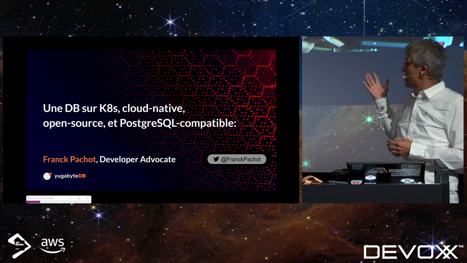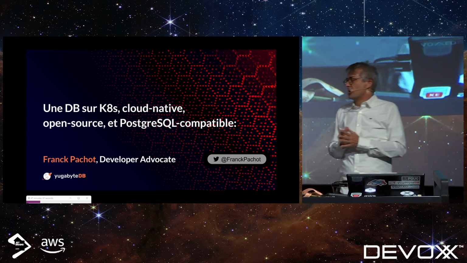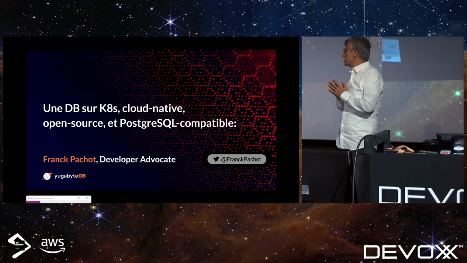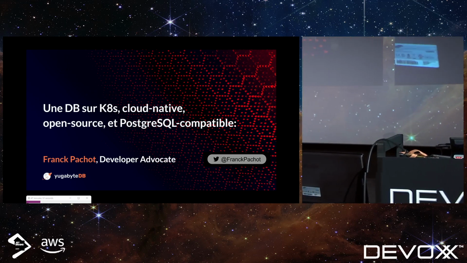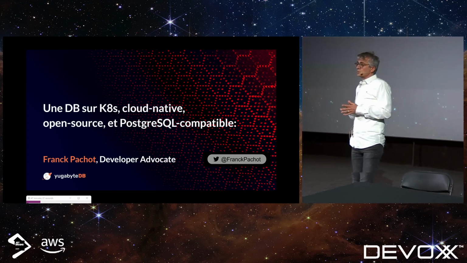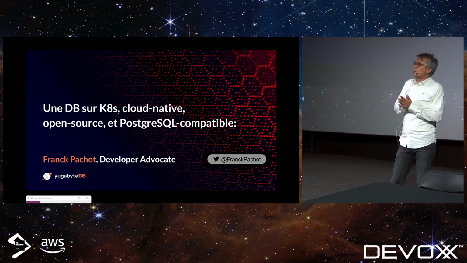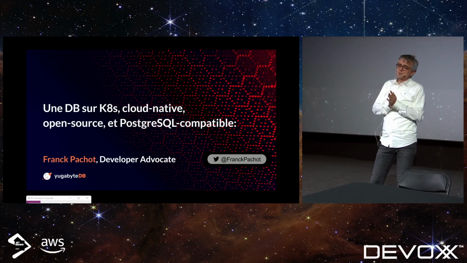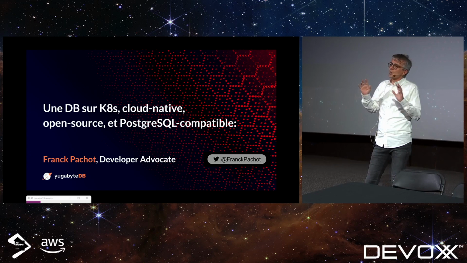And here I will demo what is for me the most interesting thing in a distributed database, the scale out, of course, for elasticity and for resilience. And I will install it on Kubernetes. I've seen a lot of applications deployed on Kubernetes, and the database was always a problem.